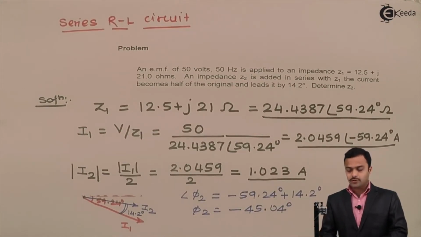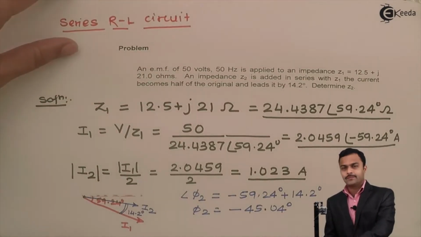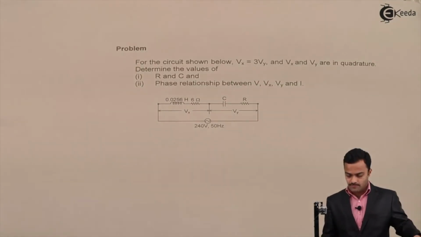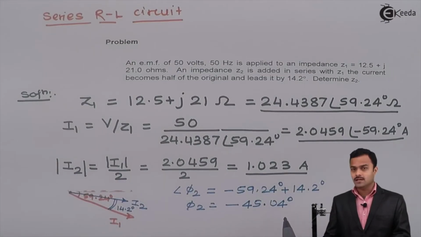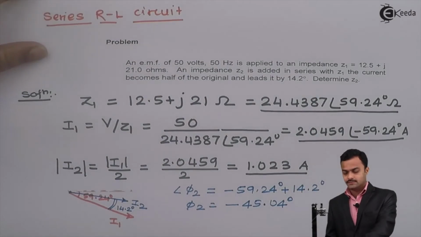So it's very important to know the angle of I2 because now I can represent I2 in a phasor form. Now here we obtained magnitude of I2 as 1.023 and angle of I2 with reference is minus 45.04. So I can write I2 in a phasor form like this.